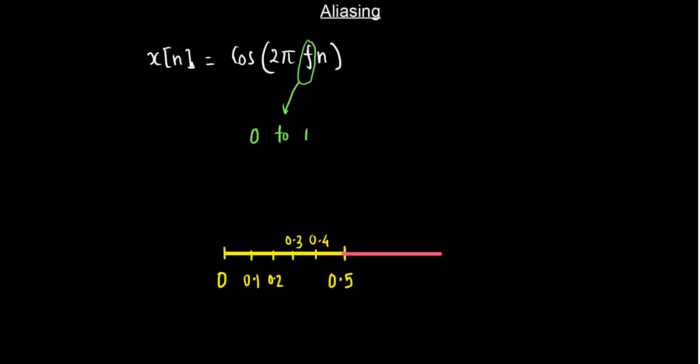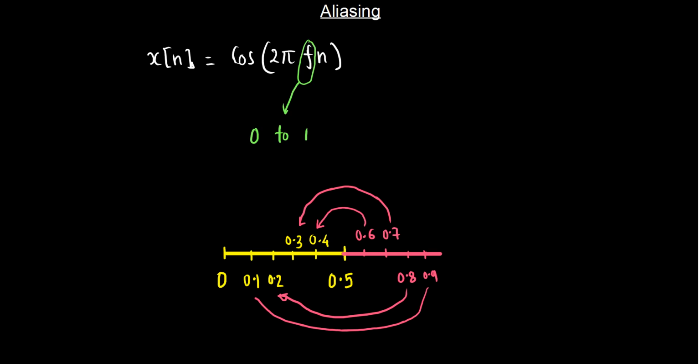So the graph for 0.6, for example, is the same as that of 0.4. Graph for 0.7 is the same as that of 0.3, and so on. Graph for 0.8 is the same as that of 0.2. Graph for 0.9 is the same as that of 0.1, and finally the graph for 1 is the same as that of 0.